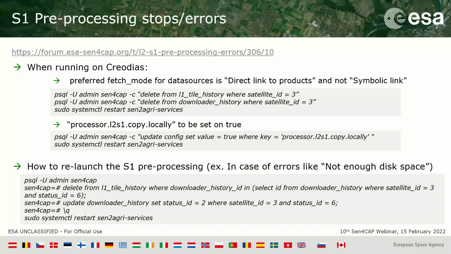The copy locally key needs to be set to true because the SNAP issue still didn't disappear, but this issue happens randomly. This is the biggest problem, and you should set it to true. Normally, if you use the image with Sen4CAP 2.0 from BIAS, this key should be set by default.